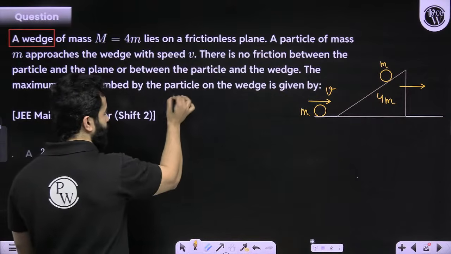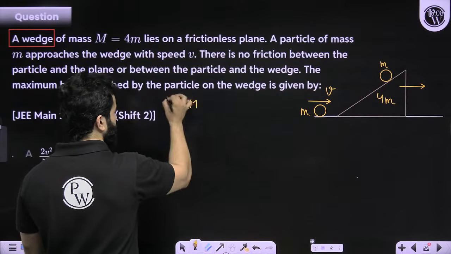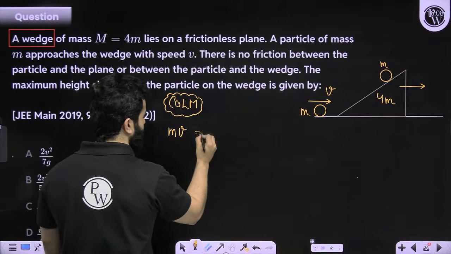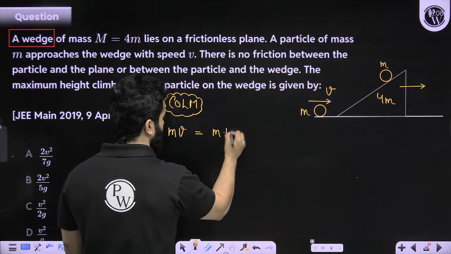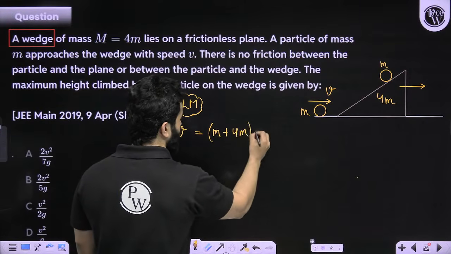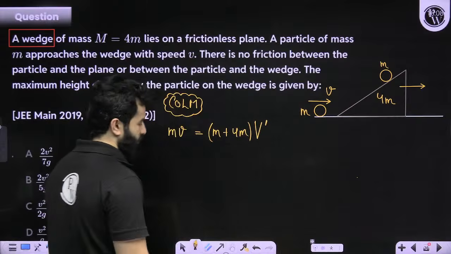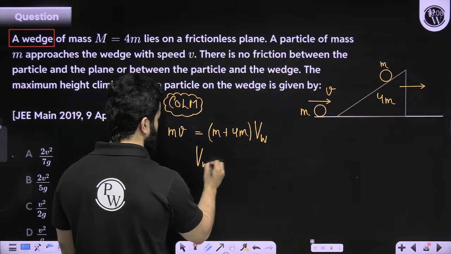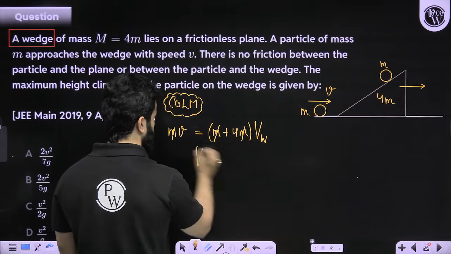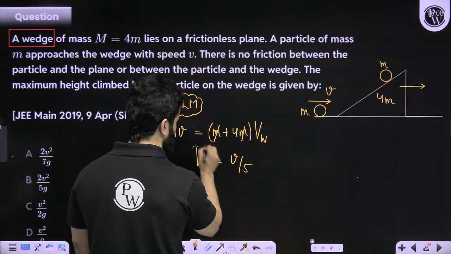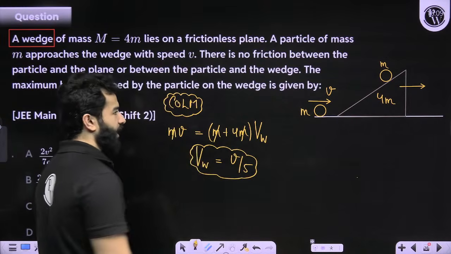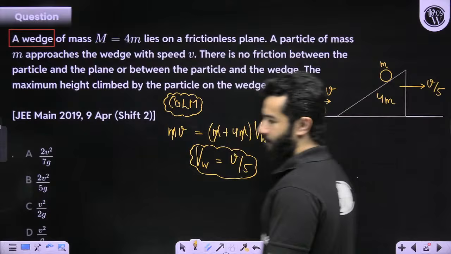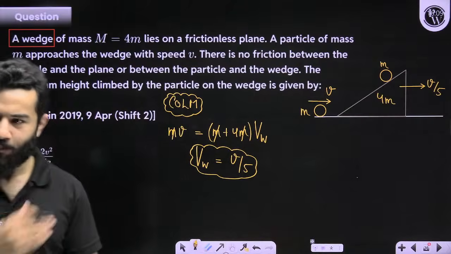We are going to use again conservation of linear momentum. m into v is equal to m plus 4m multiplied by v dash, that means the velocity of the wedge. So the velocity of the wedge will become, m certainly gets cancelled out, v by 5. That means it will acquire a velocity of v by 5 because of this, and it will keep on moving, right?